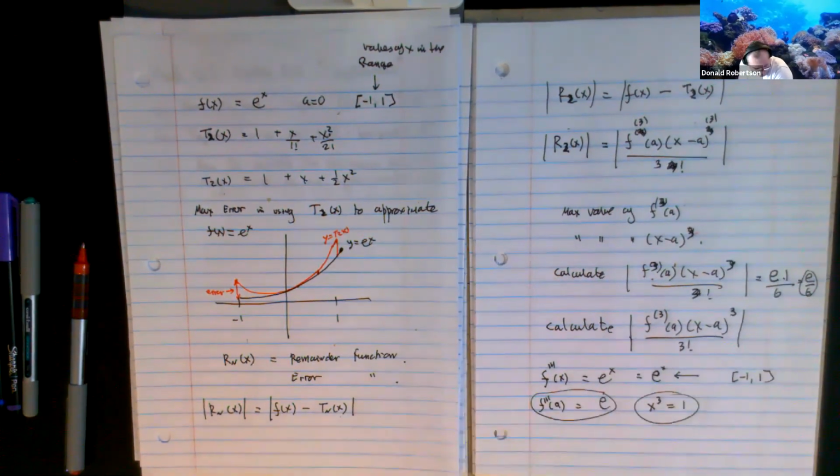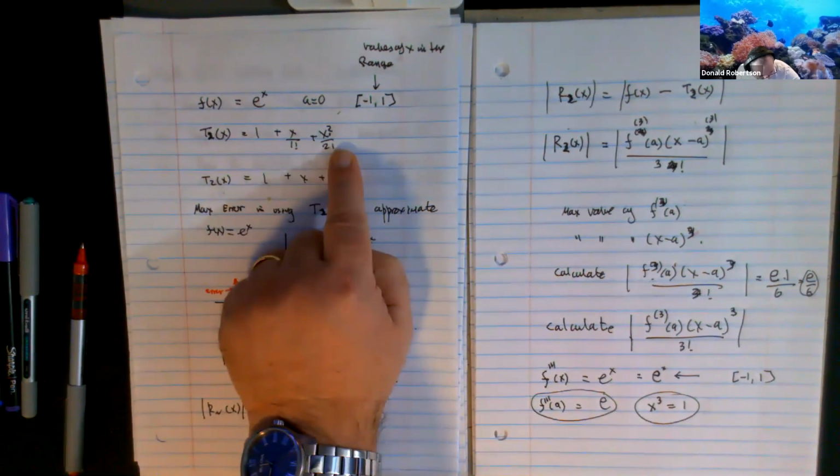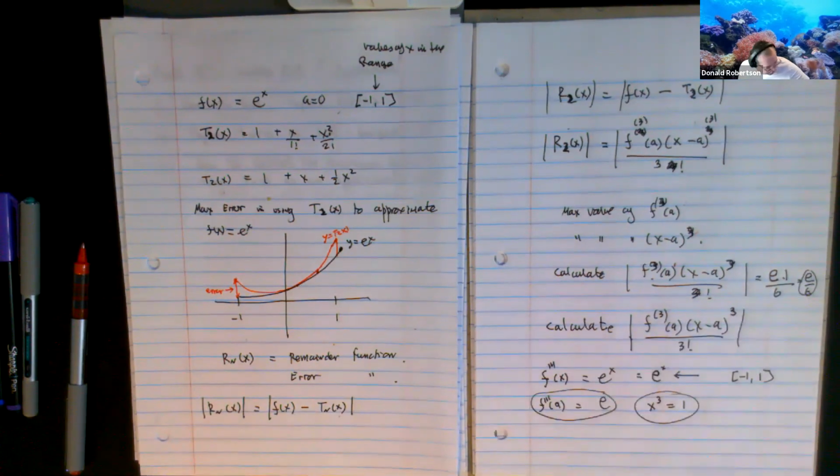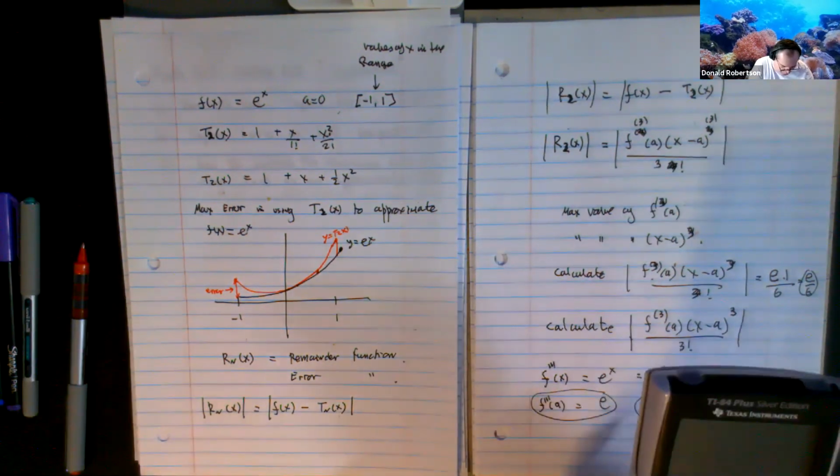The maximum error that you would get using this polynomial to represent e to the x is e over 6, right? Which is about a third, I think.